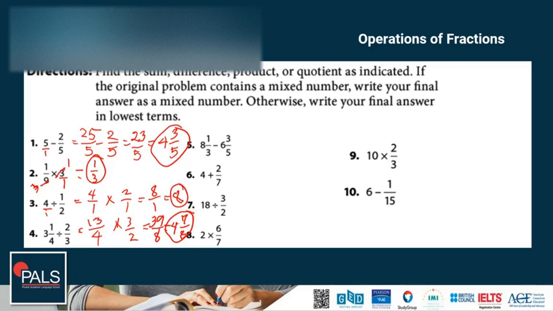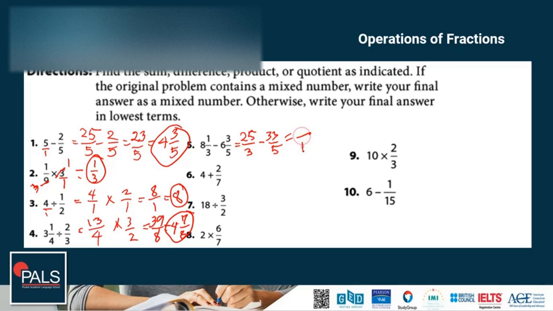Okay, number 5. Okay, we can change it to improper fraction. So we have 8 times 3 is 24, plus 1 is 25 over 3, minus 6 times 5 is 30, plus 3 is 33 over 5. Okay, the denominators are not the same. So we need to find the common denominator. The common denominator is 15.